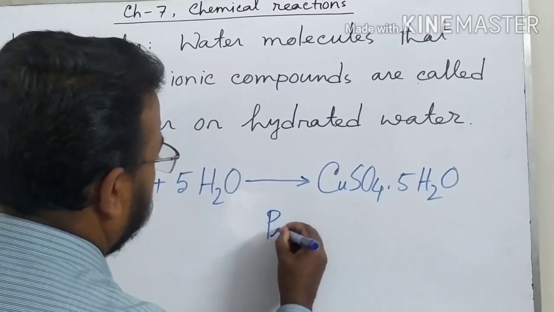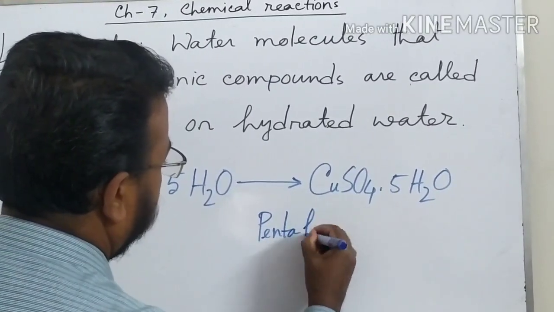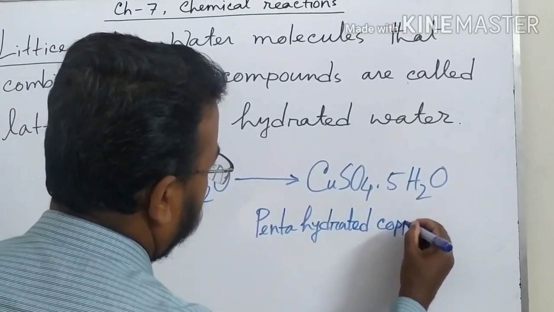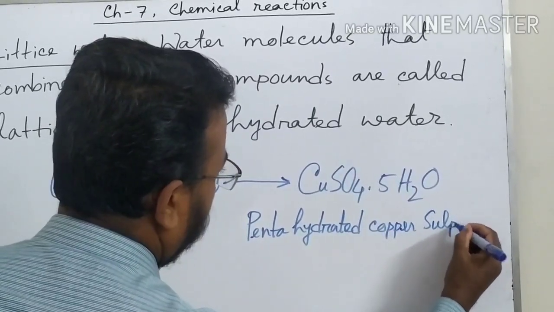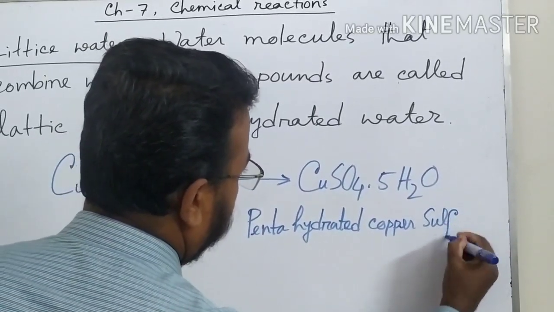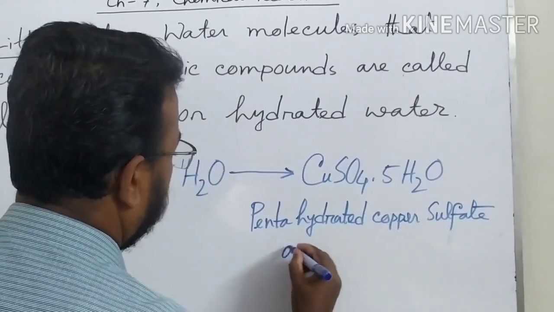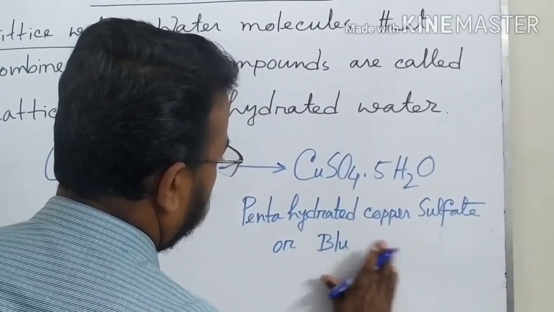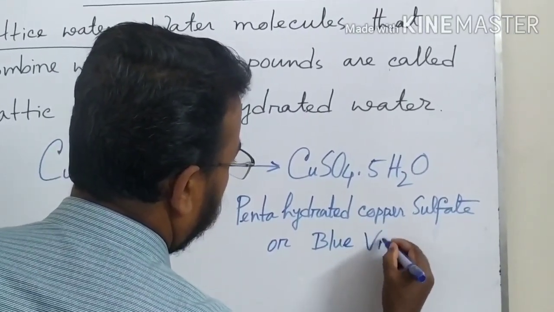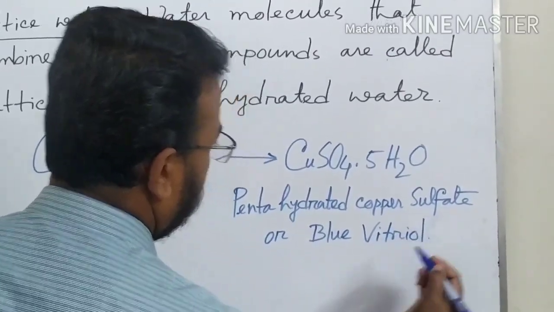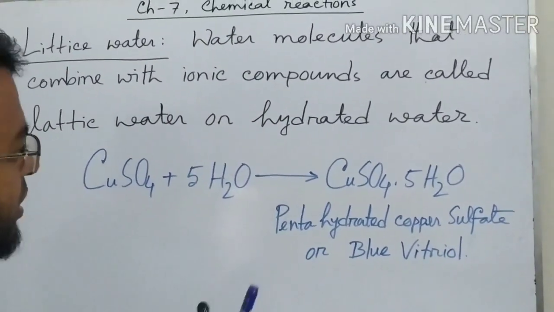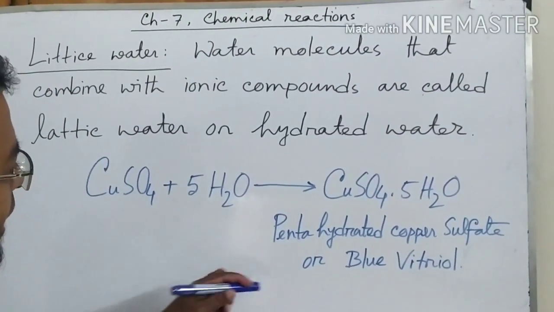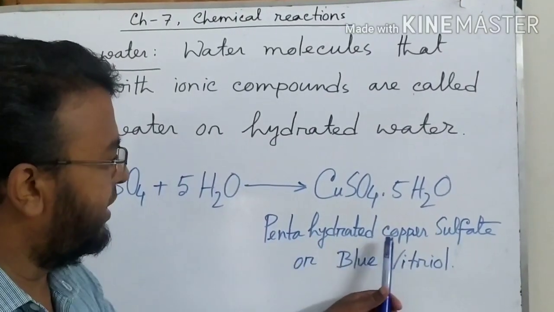It is pentahydrated copper sulfate, or blue vitriol. So everybody knows the formula of blue vitriol. It is copper sulfate and 5 molecules of water, and it is also called pentahydrated copper sulfate.